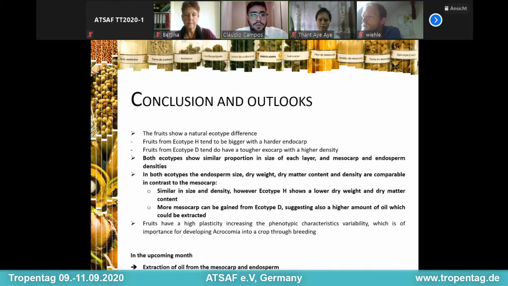Therefore, fruits show high plasticity, increasing the phenotypic variability, which is often important for developing Acrocomia into a crop through breeding.